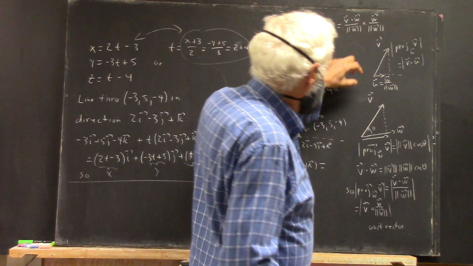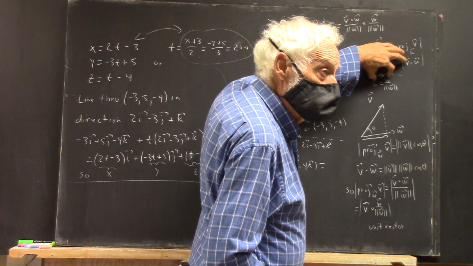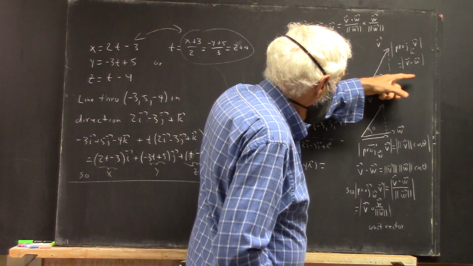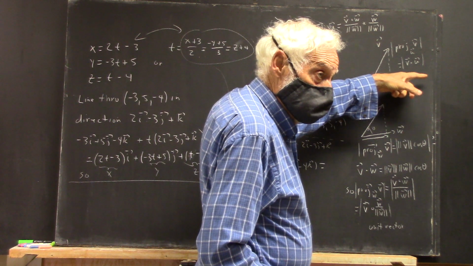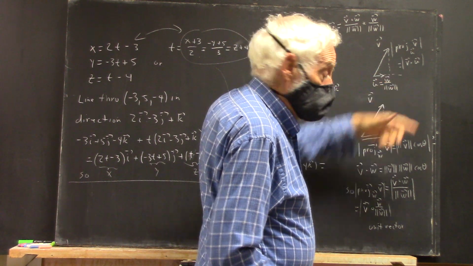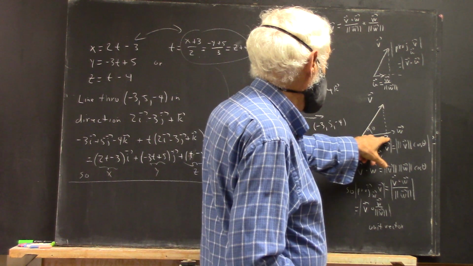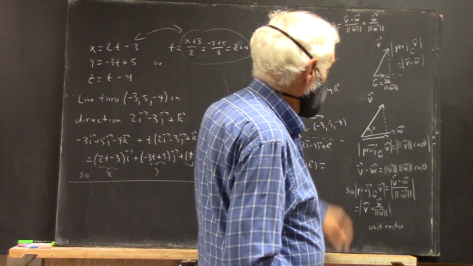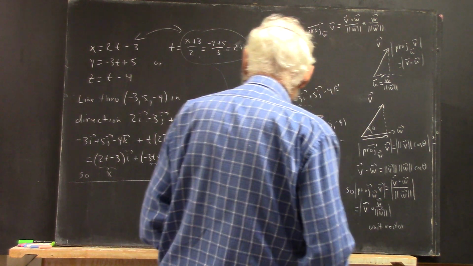So you take the projection, which is how long this thing is, you multiply it by a unit vector in the direction of w, and you get a vector. You get this vector here. Okay, vector projection.